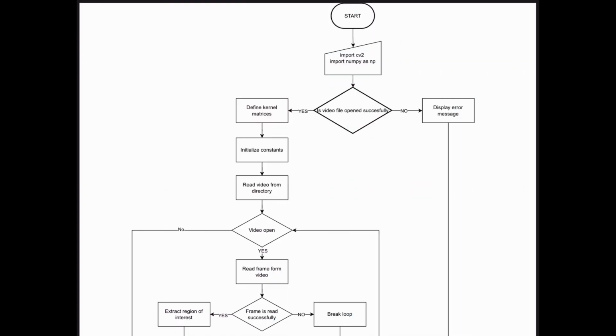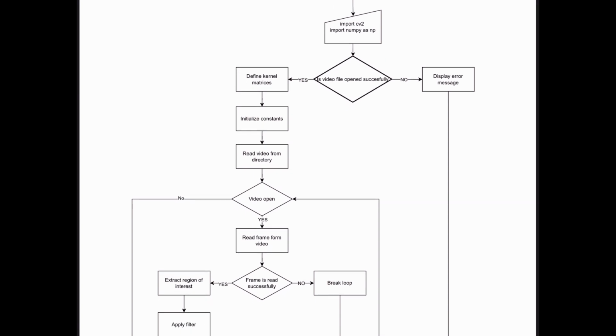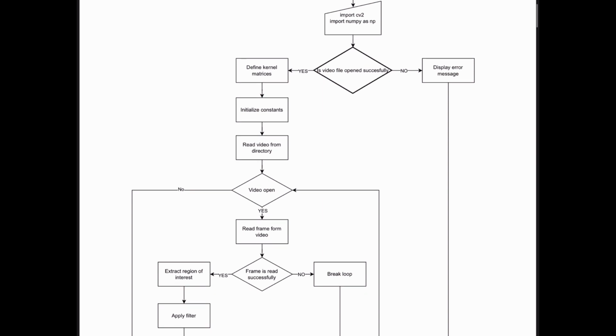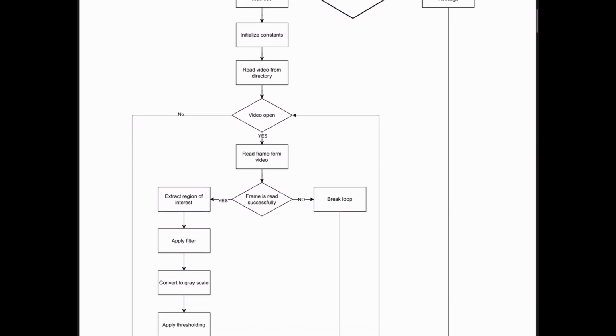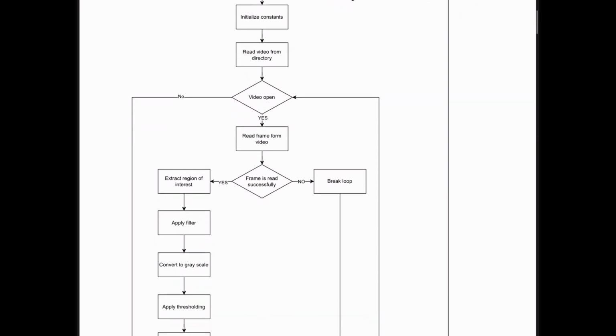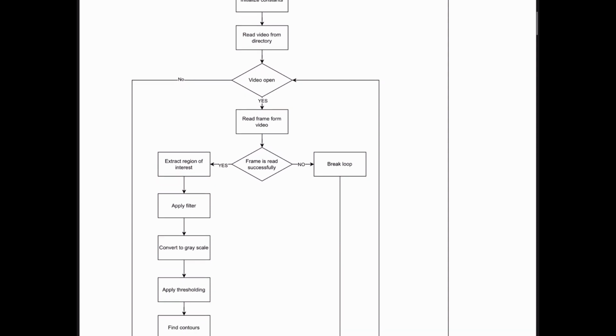Here is the image of our flowchart. The flowchart starts by importing cv2 and importing numpy as np. It begins by checking if the video file is successfully opened. If so, it defines the kernel matrices and initializes constants necessary for filtering and processing. Within a loop that continues as long as the video is open, each frame is read from the video.